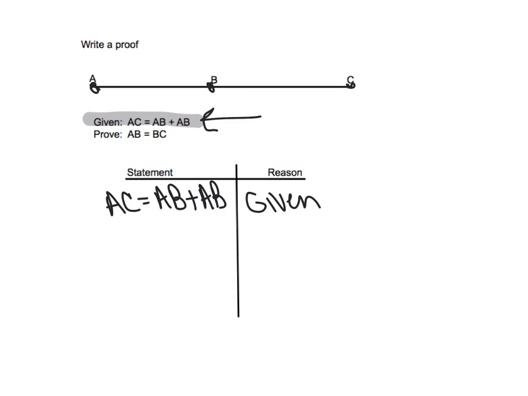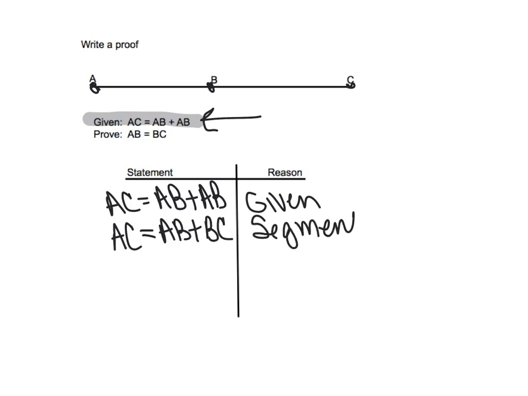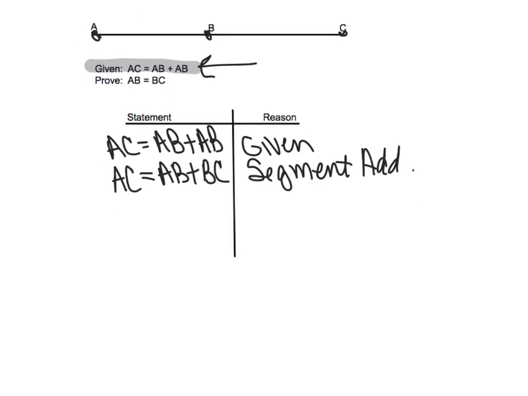So I can say that my whole segment, AC, equals the sum of its parts, which is AB plus BC. Okay, that's just segment addition. Okay, and, all right, so now we look, I've made this statement, and I notice things that my statements have in common. I have an AC here, and I have an AC here, which tells me anywhere I have an AC, I can take out, and I can put the other information in its place.